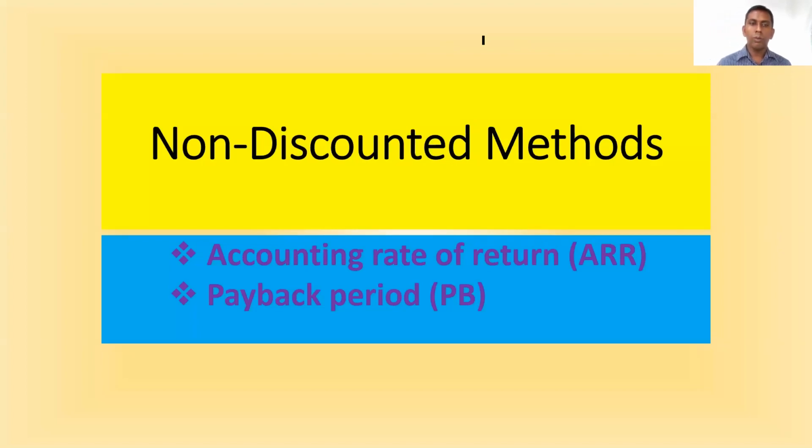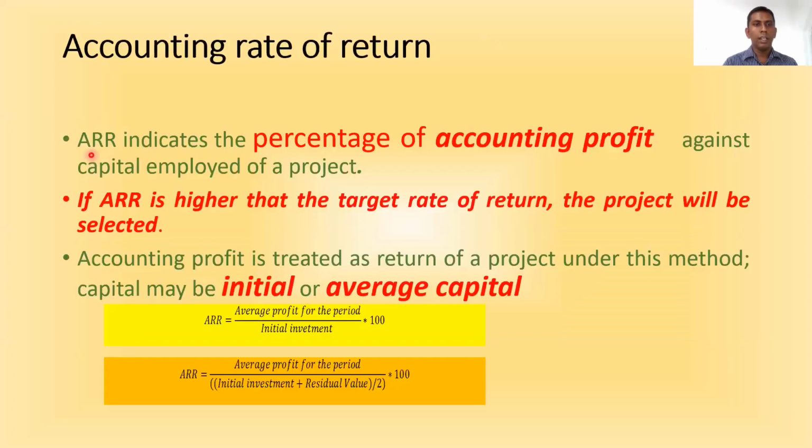Okay, look at what this accounting rate of return is, how we can calculate it, and how we can take the decision based on accounting rate of return to select projects. Move to the next slide and look at what we have. ARR indicates the percentage of accounting profit against capital employed. Capital employed means how much capital or how much investment we have made to acquire that particular investment opportunity.